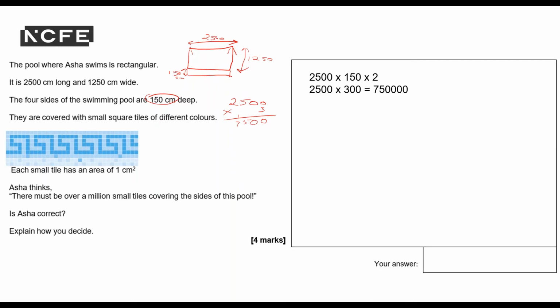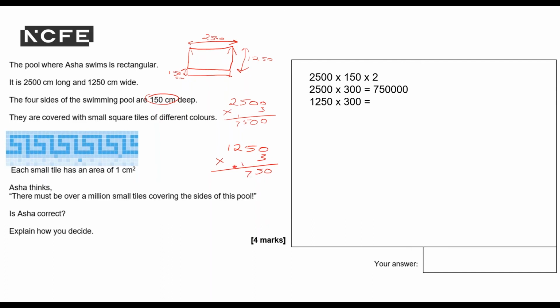Now I need to do the area of my 2 short bits. So 1,250, and I can do the shortcut now because I know it's going to be times 150 times 2, so that's times 300. Again, I can do this on a bit of scrap paper if it's an online assessment, or if it's paper-based, then I can show my working exactly as I do it. Times 3: 3 times 5 is 15, 3 times 2 is 6, 7.